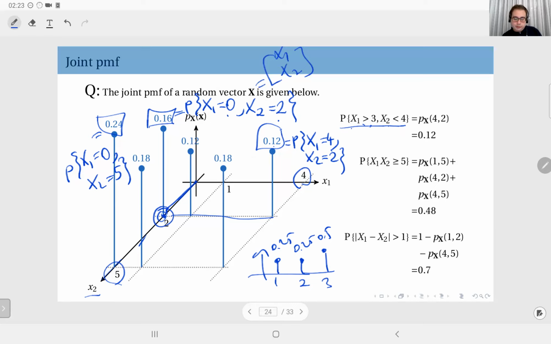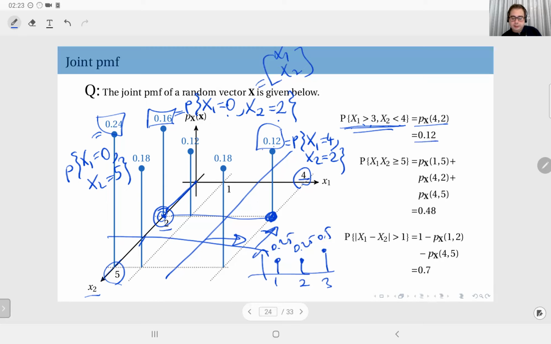X1 greater than 3 is to the right of this line, and X2 less than 4 is this side. So the only point is this one here in the sample space. So this event is directly equal to the joint PMF evaluated at (4, 2), which gives me 0.12.